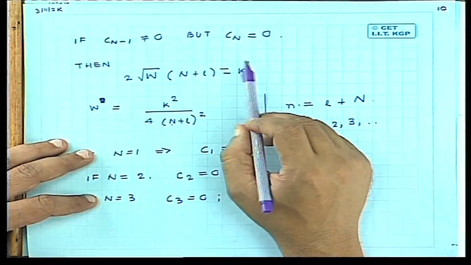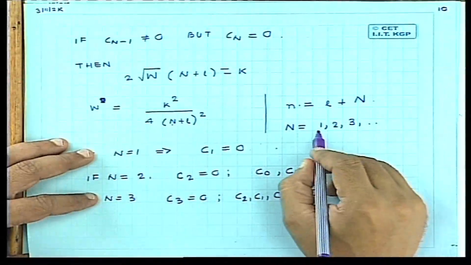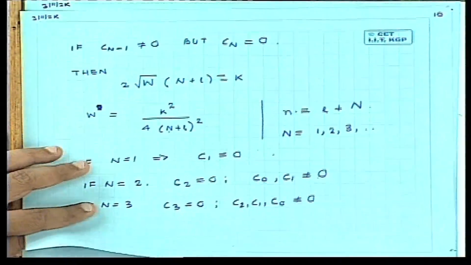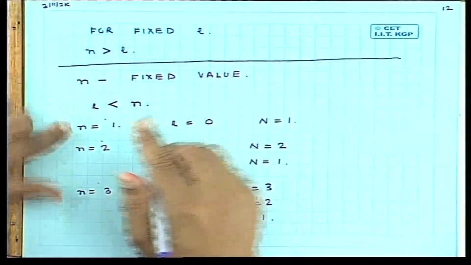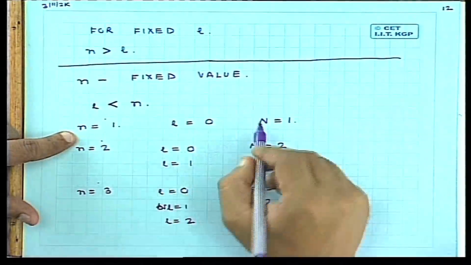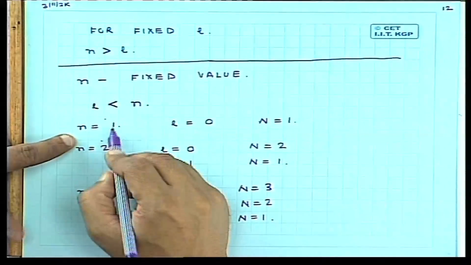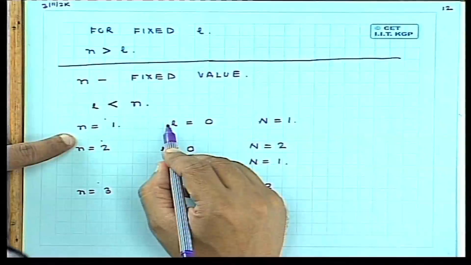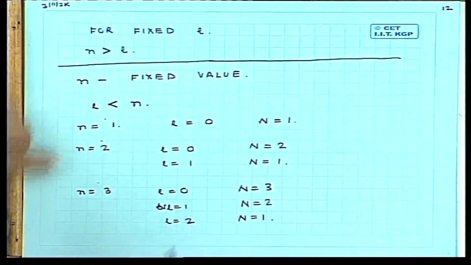The smallest coefficient that can disappear is the first one. So capital N can take values 1, 2, 3, etc. So for a fixed value of small n, if n for example is equal to 1, capital N has to be at least 1. So for n equal to 1, the only possibility is that L is equal to 0, the total angular momentum is 0, and capital N is equal to 1.